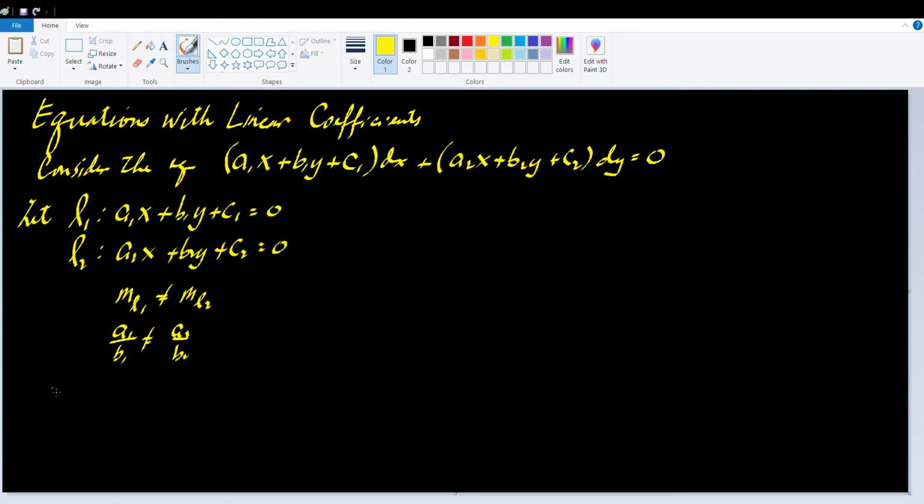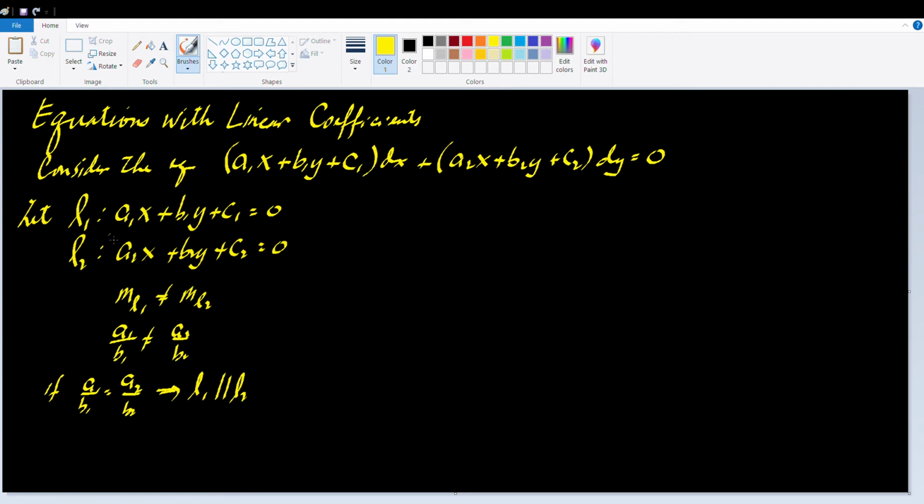Why? If a1/b1 is equal to a2/b2, it follows that L1 and L2 are parallel. Okay? So we consider only the case wherein L1 and L2 are intersecting.